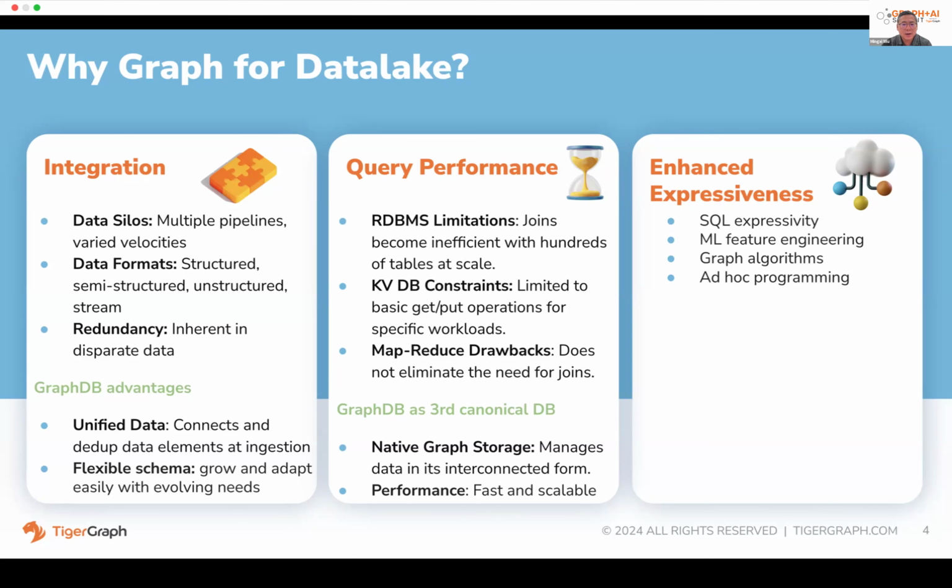Everyone knows that joins have limitations. When you join hundreds of tables, not even thousands, you will experience the explosive join intermediate results problem. And people start materializing joins to try to eliminate this join bottleneck.